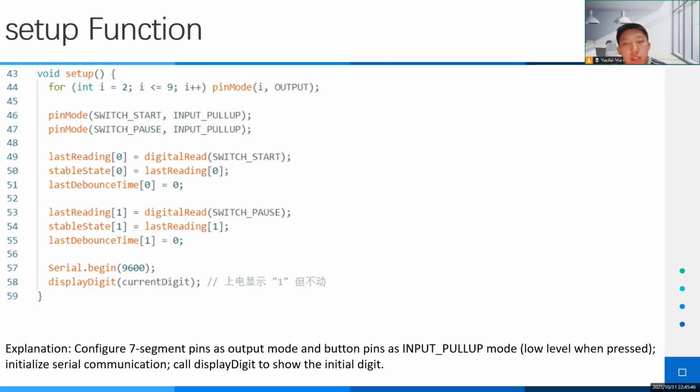This means the button gives a low signal when pressed. 3. Start serial communication at 9600 bits per second. The speed C# and Arduino use to talk. 4. Call display digit to show the first number when Arduino turns on.